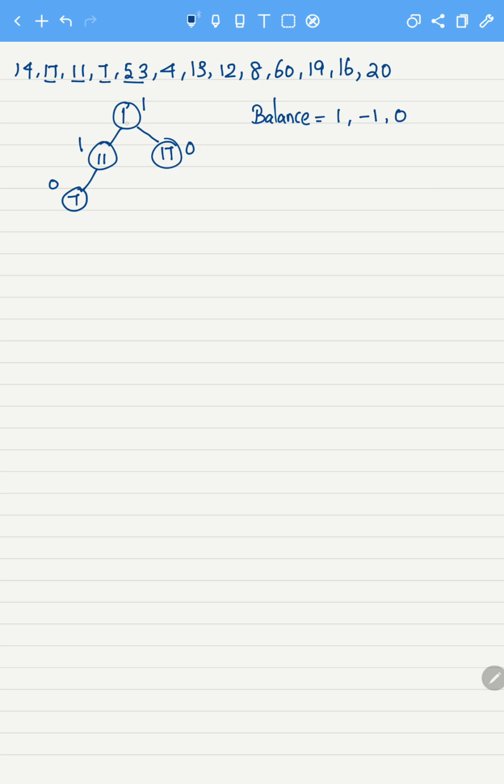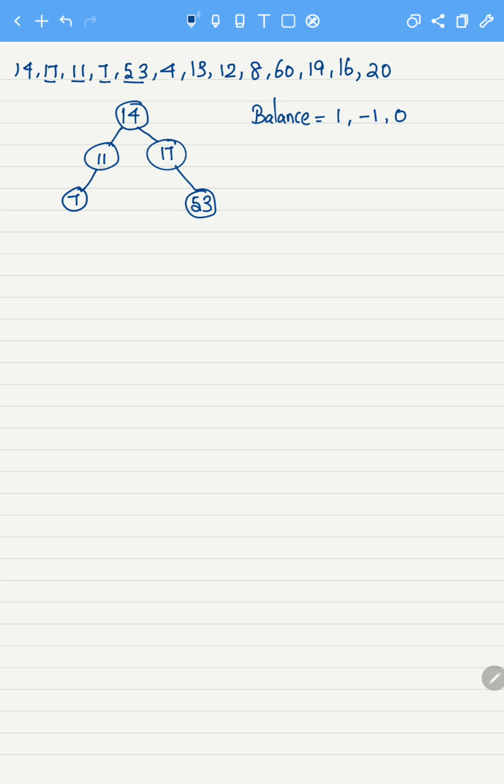Okay, 53 is greater, sorry, here you have 14. Okay, so 53 is greater, so you have to insert in the right subtree. Okay, so now again you have to calculate the balance factor.